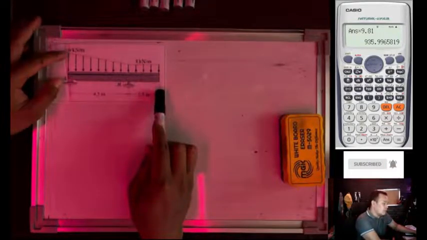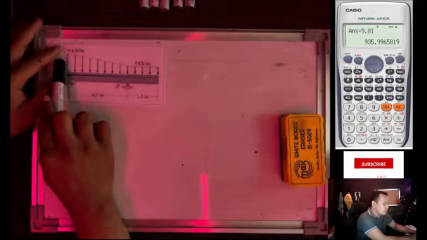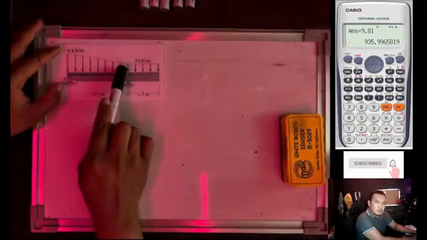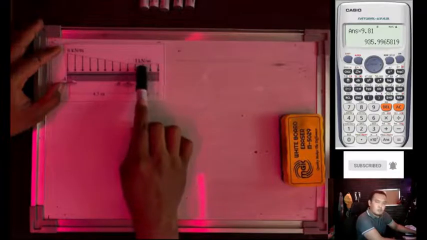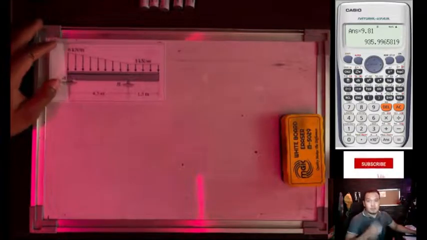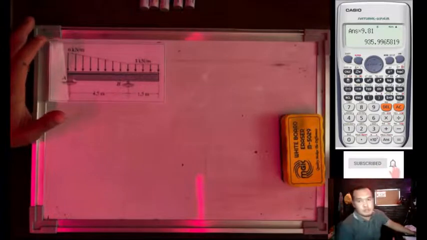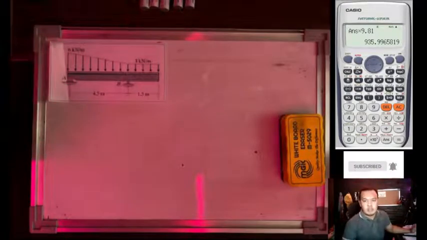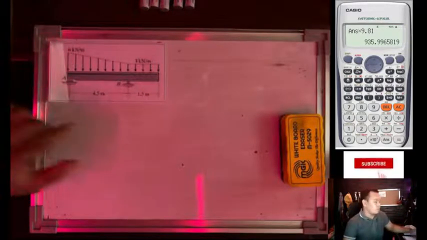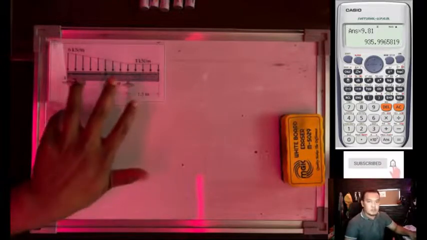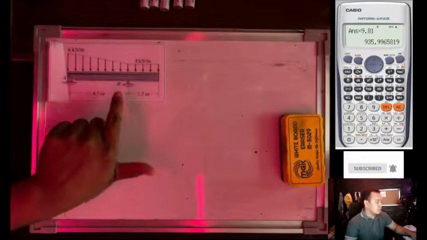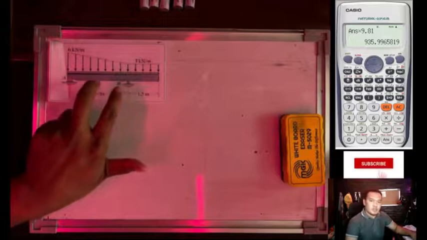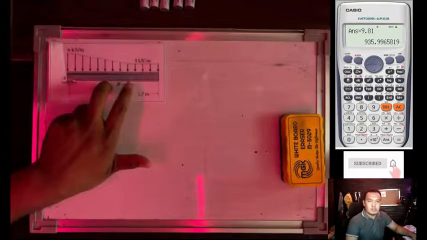Then we have varying loads from 6 kilonewton per meter to 3 kilonewton per meter, then uniformly distributed along the 1.5 meter length of the beam. So we are asked to find the resultant force acting on the beam and the location of the resultant force from point B.